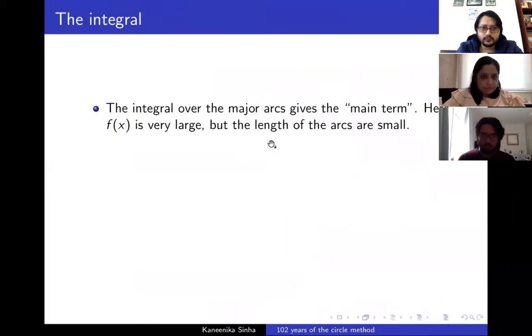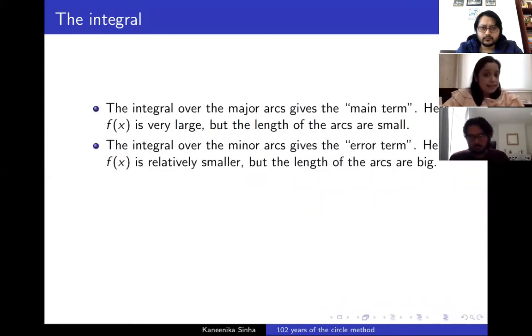So the integral, once you start doing the calculations, the integral over the major arcs gives us the main term. As we had seen before, f of x is very large at these points and in these windows, but the length of the arcs is very, very small.